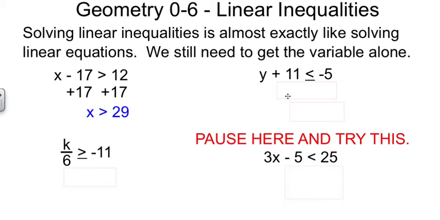Our second problem, y plus 11 is less than or equal to negative 5. We need to get rid of the 11. Best way to get rid of a plus 11 is to subtract 11. Negative 5 minus 11, y is less than or equal to negative 16.